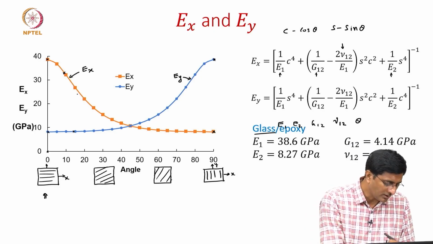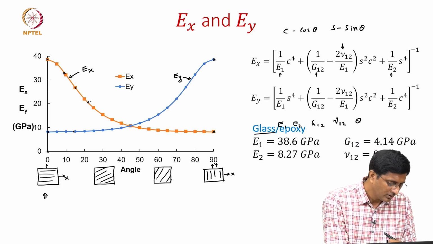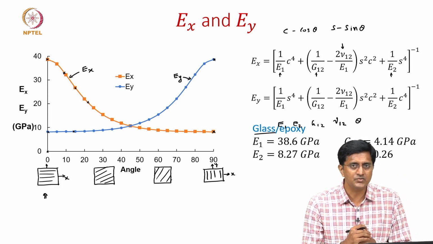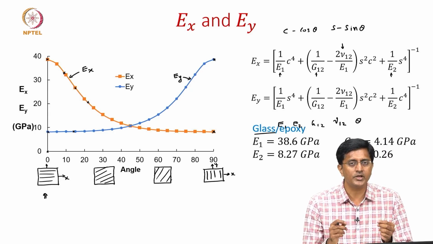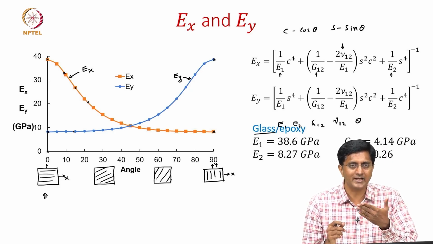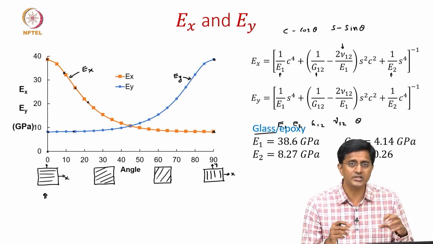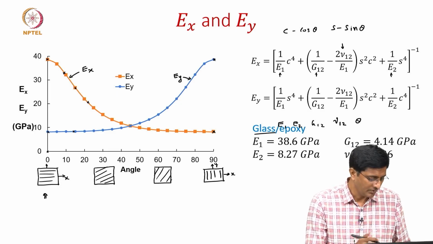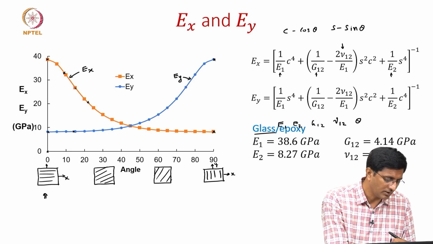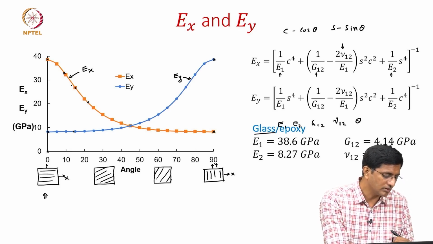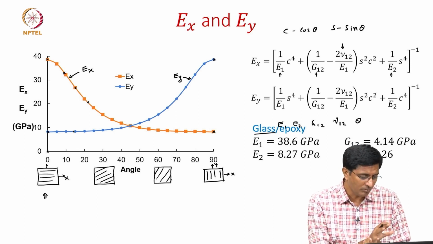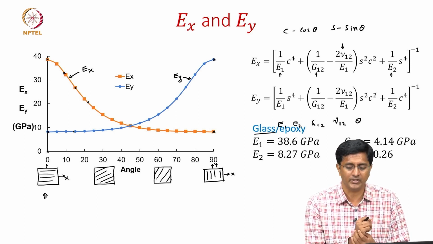And even if it is more than that, let us say 15 or 20, the changes in the properties are very significant. What it means is one should be very careful while preparing these composites. Any small change in angle, like 5 degrees or even 10 degrees, can vary your stiffness by maybe 10% or even 25%. For example, here when we are talking about a 15-degree variation, there is a huge decrease in the modulus. So, this is one point one has to take home by looking at these plots of Ex and Ey.